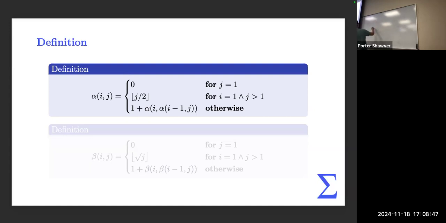And you can define alpha 2 n as 1 plus alpha 2 of n over 2. So you get a similar recurrence, which has a solution of log n. I think you're right in that you need the floors.